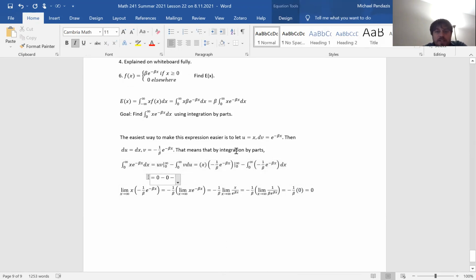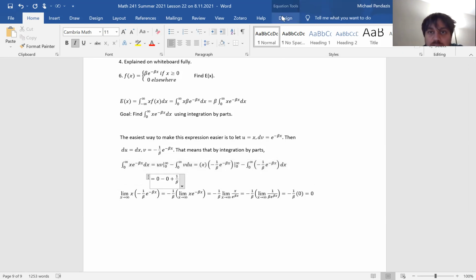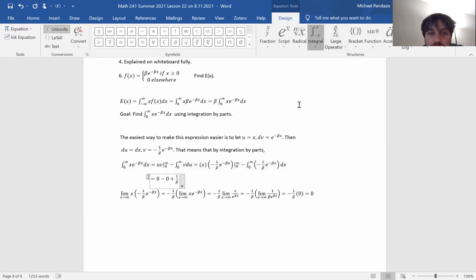And then minus this integral here, but actually there's a negative sign here, so the negatives become a plus. So this is plus 1 over beta times the integral from 0 to infinity of e to the negative beta x dx.